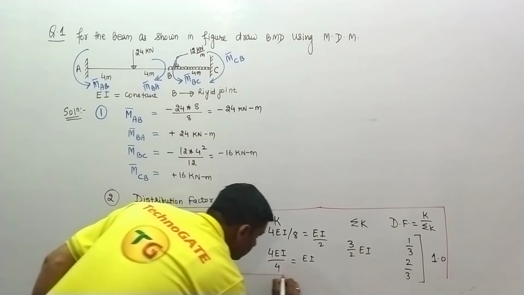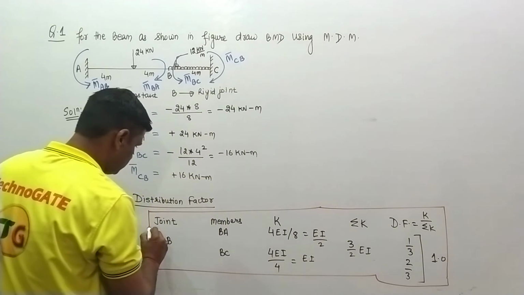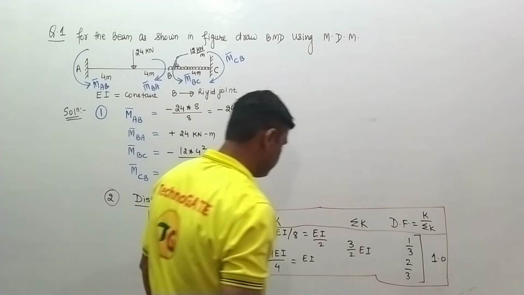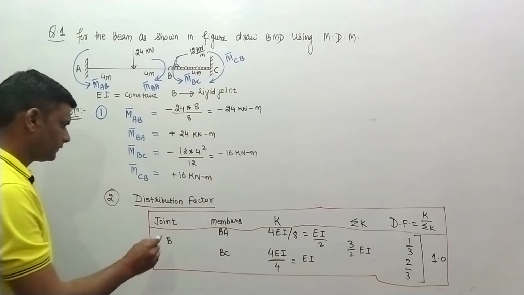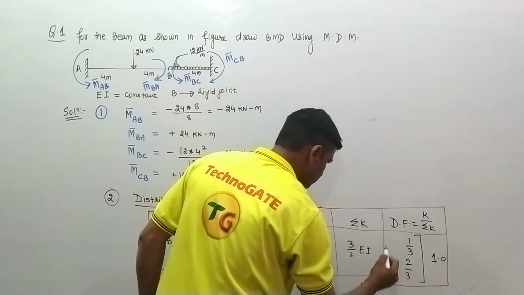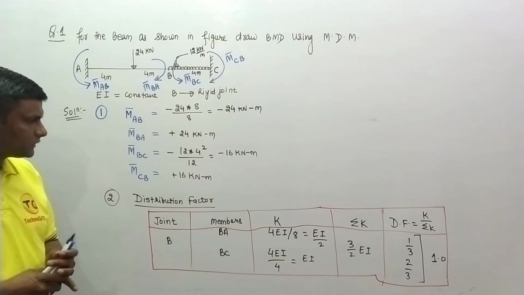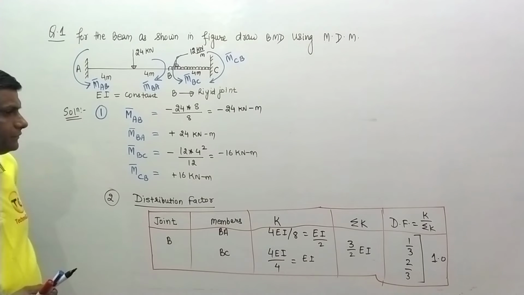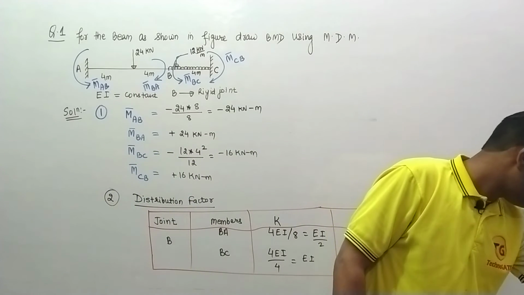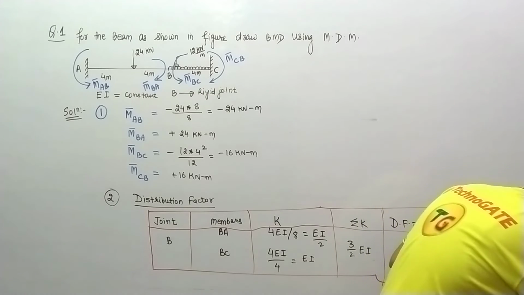Now, the third and fourth steps we have to apply in the form of a distribution table.